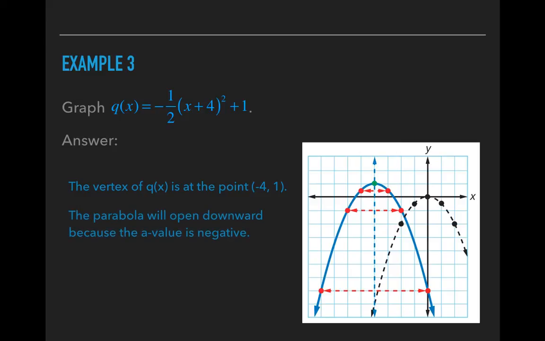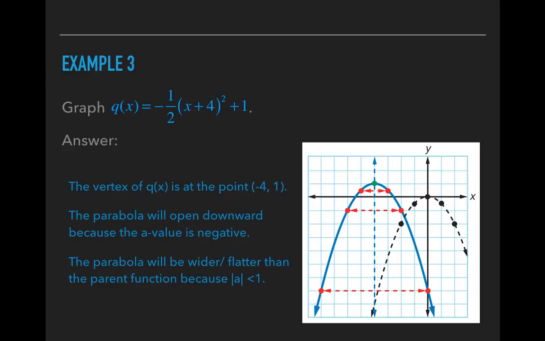The parabola is going to open down because your a value, what is in front of those parentheses, is negative. And because of your a value, that parabola is going to be flatter. It's a little bit wider, kind of remember like our Mr. Grinch. It is wider than the parent function because your a value is that fraction, that 1/2.